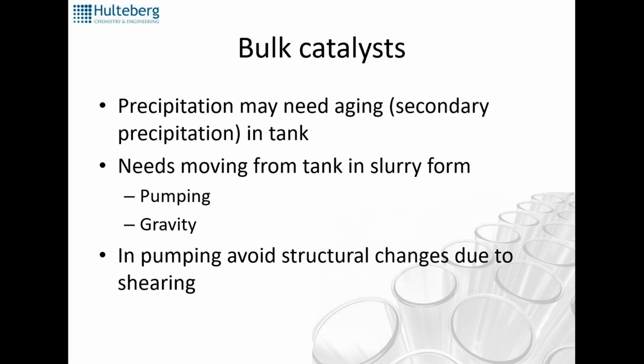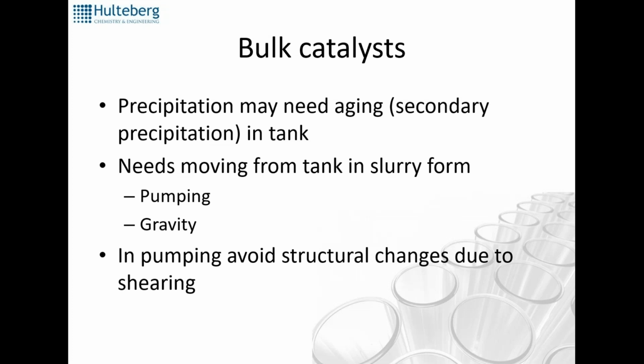This is easier to separate, since larger particles are easier to filter, but it also impacts the final catalyst porosity. So we need to take care of this step, and we need to make sure that it's always the same.